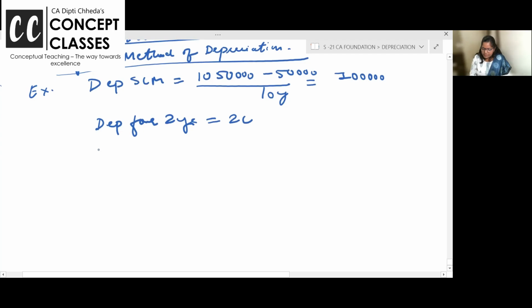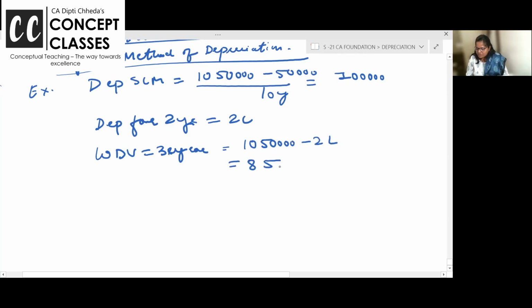Now what will be the WDV in the third year? Anyone facing problem in writing with me, message me. How will you do it in the third year? 1050 minus 2 lakh already charged. So 8,50,000 is the WDV in the third year.